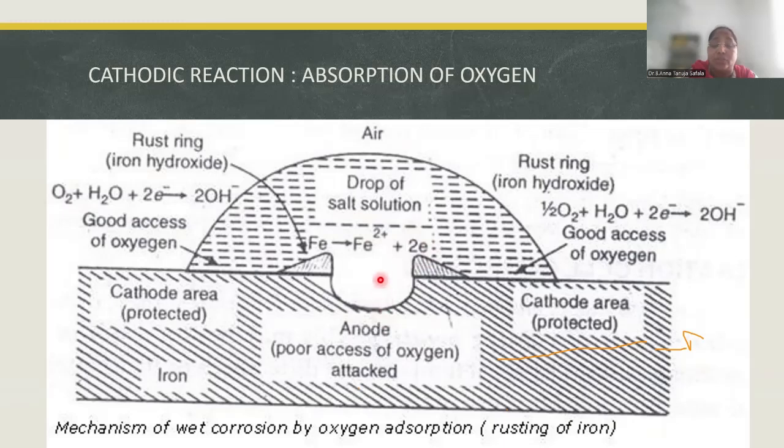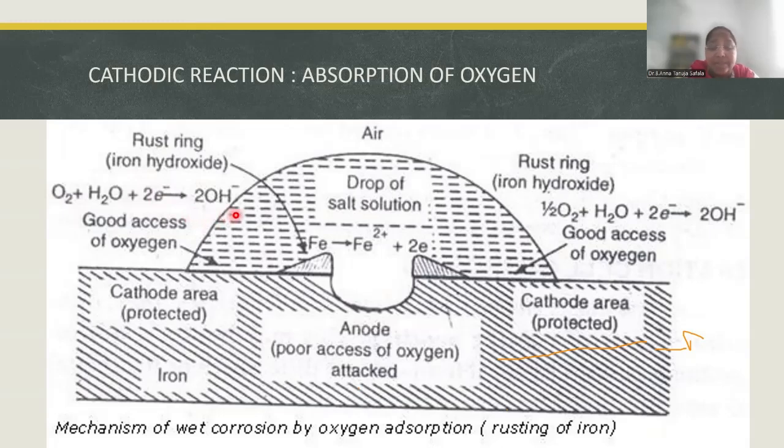So those 2 electrons will be sent to whom? Here, absorption. So what medium is there? Here, the medium is neutral or alkaline medium. In the neutral medium, like water, oxygen is there; generally water absorbs oxygen. That oxygen, in presence of water, gains electrons and forms hydroxide ions.